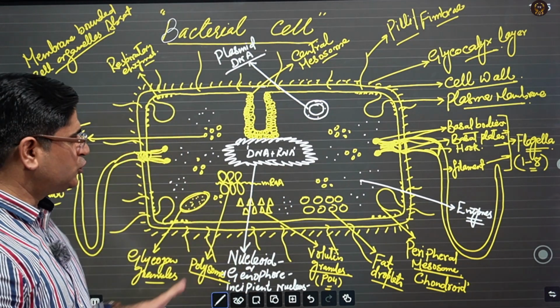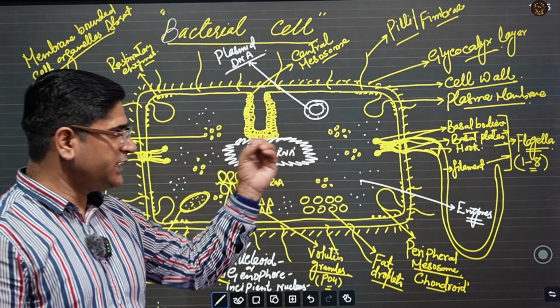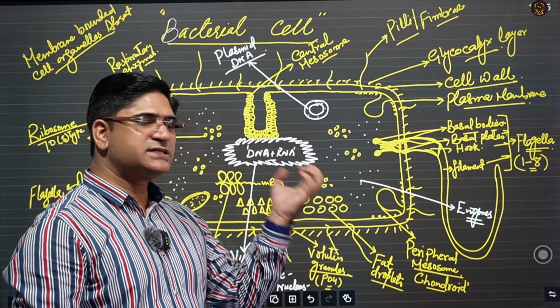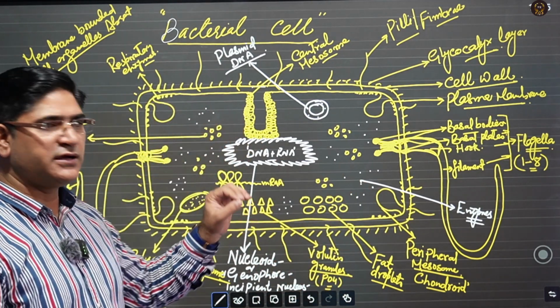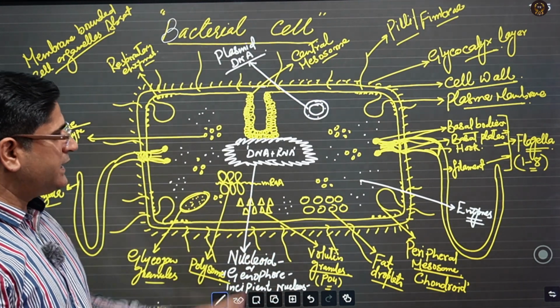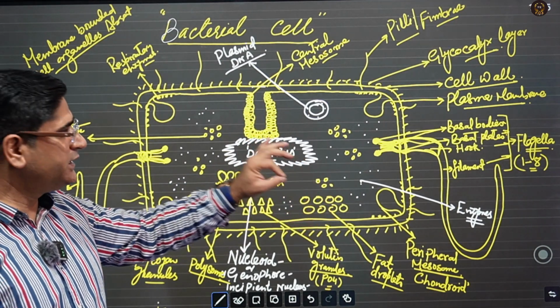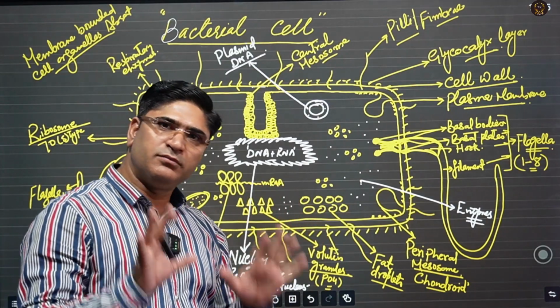Fine. So this is the typical bacterial cell. These are the important features of the bacterial cell, and that whole thing represents the kingdom Monera itself. Those are the main important things to remember about the bacterial cell as well as the kingdom Monera.